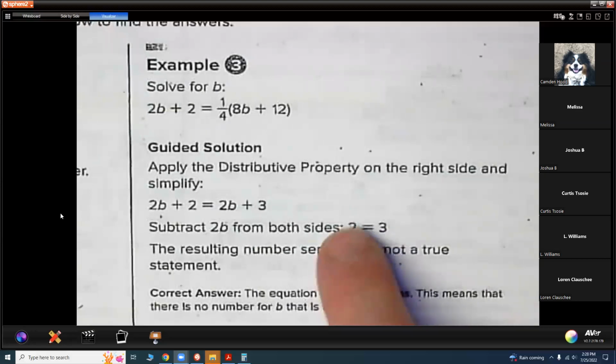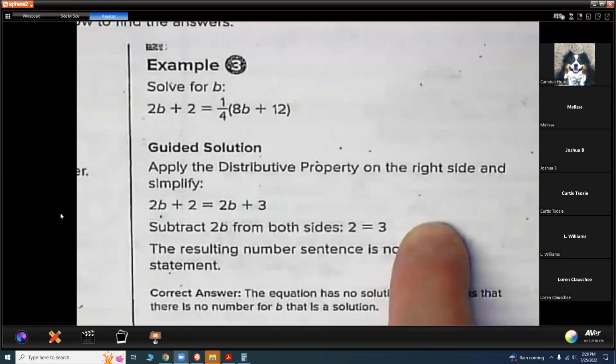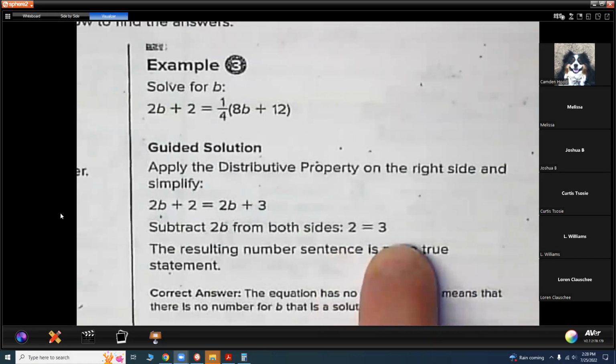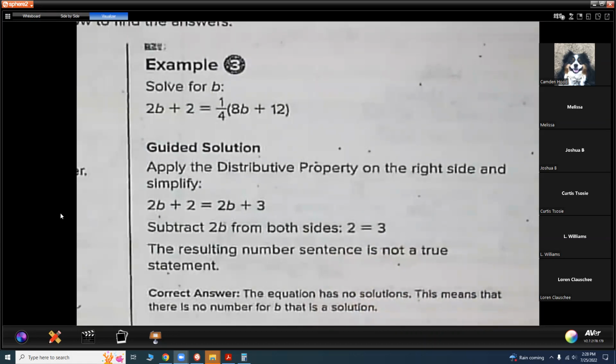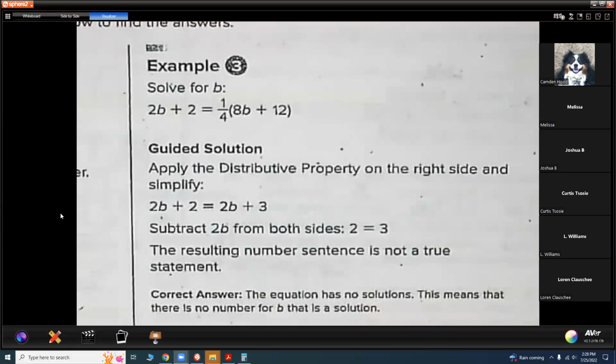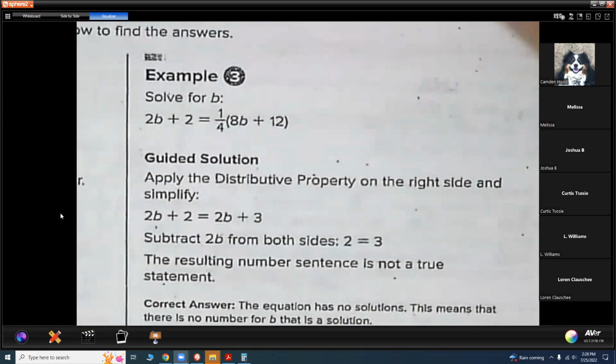If something equals itself, then our variable can be any number. If it's an untrue statement like 2 equals 3, then there's no solution. It's like, you gave me one that doesn't work. How dare you? Okay.